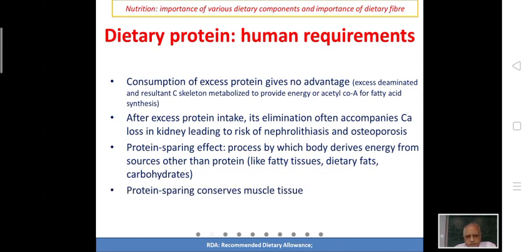Protein sparing conserves the muscle tissue because muscles need more protein, and in order to make the structural protein synthesis, for example, elastin, collagen, all the myosin, all these kind of proteins need to be preserved. They need to be spared for energy. From that point of view, only fatty acids, dietary fats, and carbohydrates are enough. Amino acids are not catabolized for energy. For energy requirement, body needs only the fatty lipids or the carbohydrates.